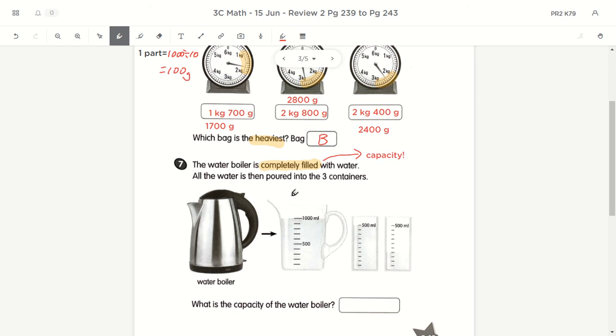So you realize that there is 1 liter here, which is also 1000 milliliters. There's 500 milliliters, and for here the line is on the 4th line around here. Between 0, which is nothing, and 500, let's zoom in.